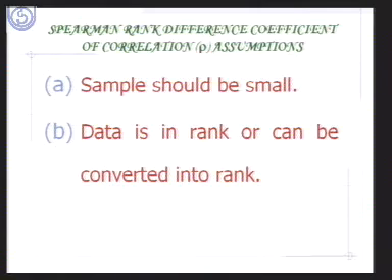The second assumption is very crucial: the data is in rank or can be converted into rank form, meaning first position, second position, third position, fourth position, and so on. Suppose two judges mark different competitors in a debate competition, and they have ranked them first, second, third, fourth, fifth.